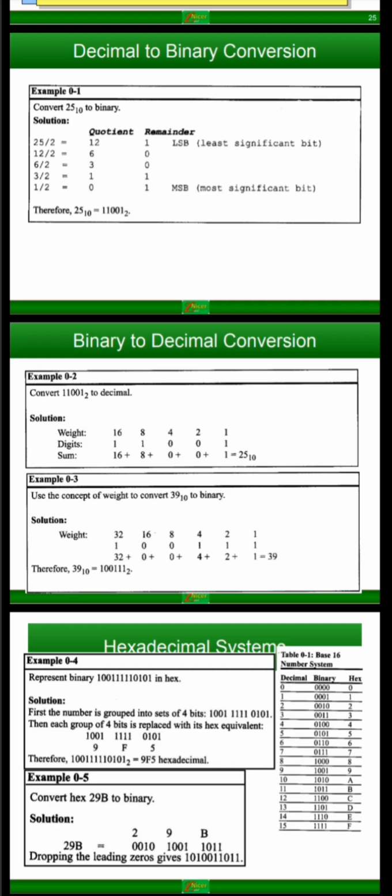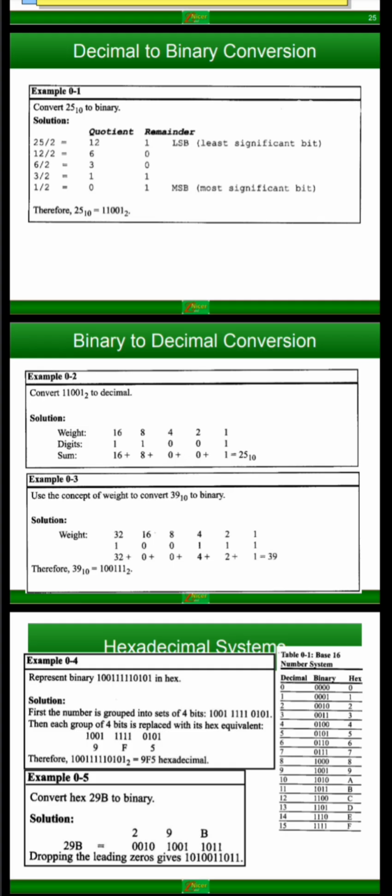Then we have the binary to decimal conversion. We have to convert the binary number to a decimal number. We will multiply each digit by its power of 2, and we will add these terms and combine them to get the total decimal number.